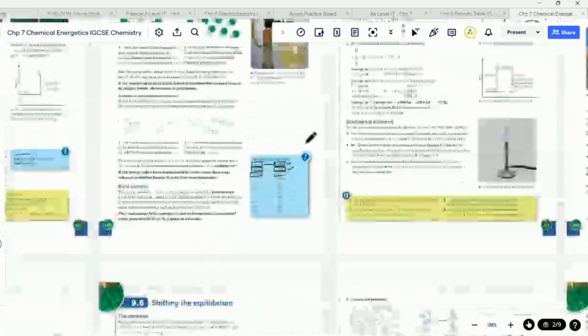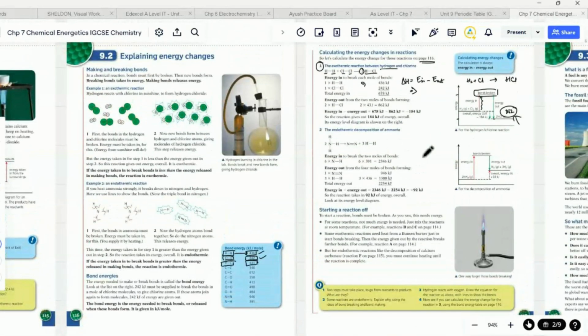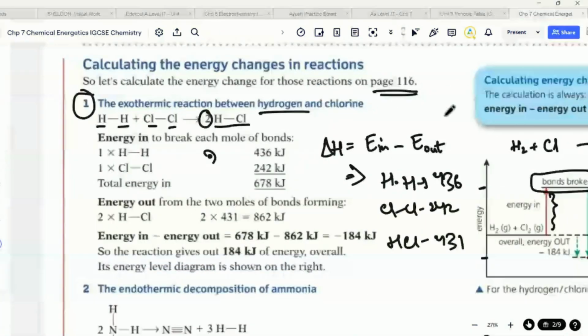So let's write down these values because we will be needing them to get the answers. Hydrogen needs 436. What is the chlorine bond? It is 242. How much is HCl? It is 431. Now see how we use these values.